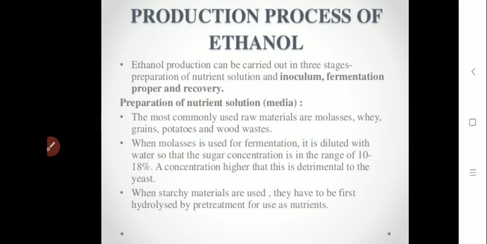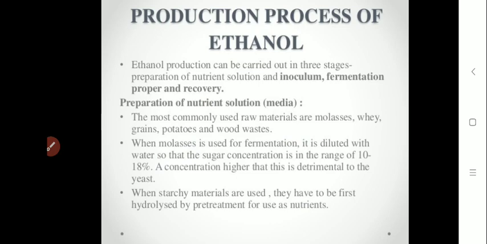The most commonly used raw material for the production of ethanol is molasses, which is gained from the various sugar industries, or whey, grains, potatoes, and wood waste can also be used as starchy and cellulosic material. When molasses is used for the fermentation process, first it is diluted with the help of water. This dilution is done so that the sugar concentration is in the range of 10 to 18%.